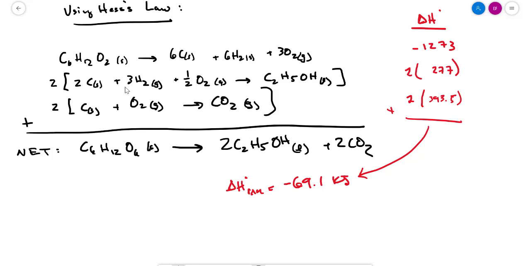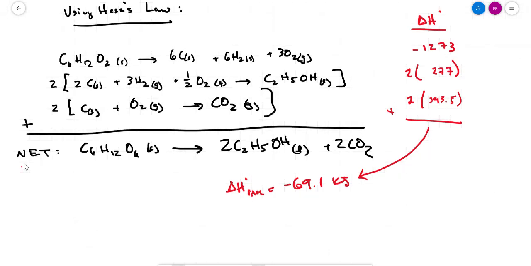This is the heat of formation of ethanol from carbon, hydrogen, and oxygen, and the heat of formation of CO2 from carbon and oxygen. And so I multiply both of these by 2 to get this reaction to equate, and add these all up. You get the net reaction, the same as we wanted to start with.